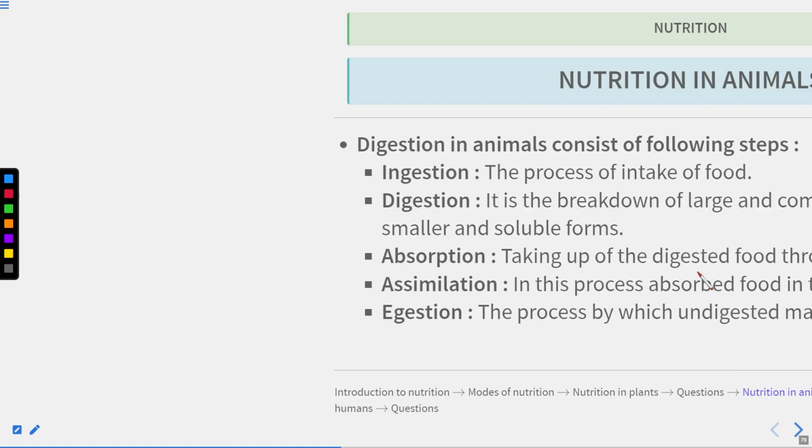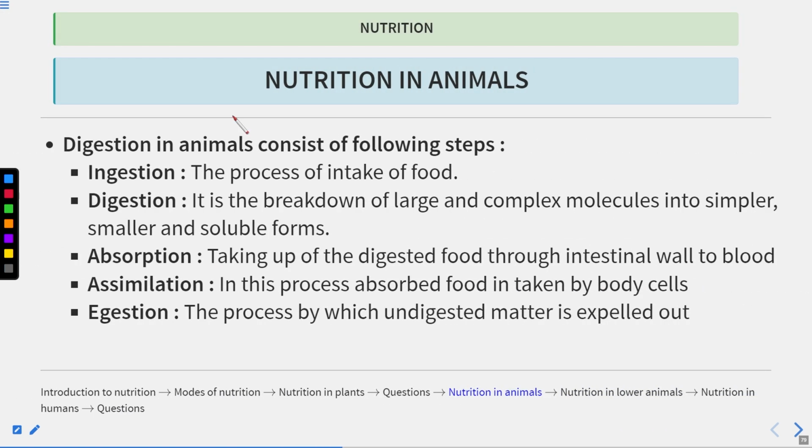Now, digestion in animals consists of the following steps. The first step is ingestion. Ingestion is the process of intake of food through the mouth. Next, the ingested food has to be digested.